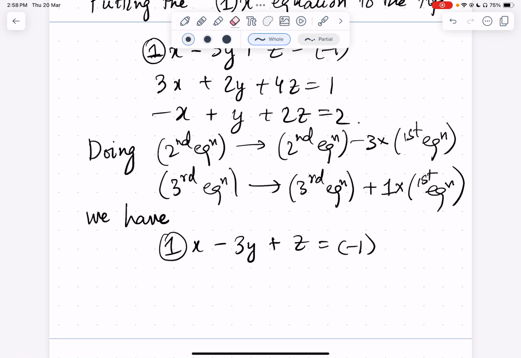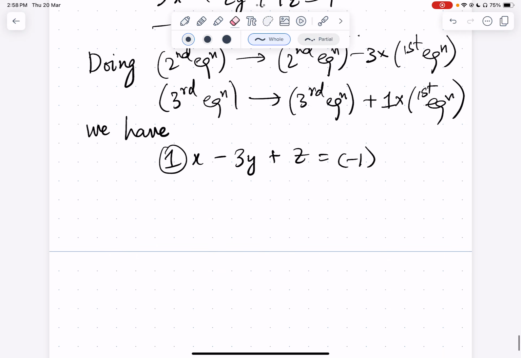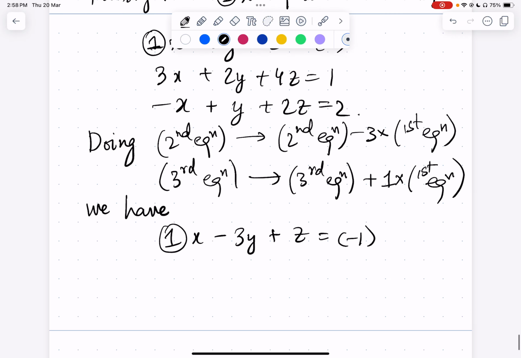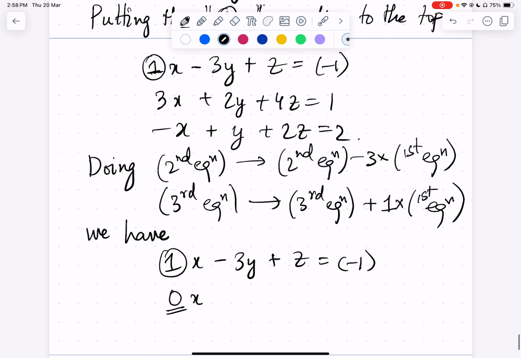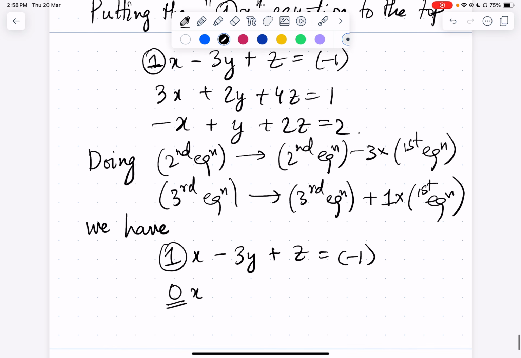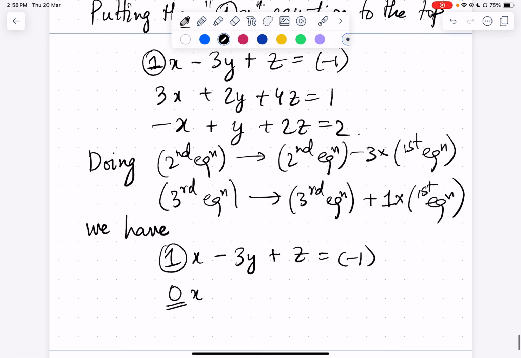So after changing the second equation to second equation minus 3 times first equation, what we'll get is 0x. Crucially, this 3x becomes 0x, and the other terms we'll look at. 2 minus 3 times minus 3, so 2 plus 9, 11.